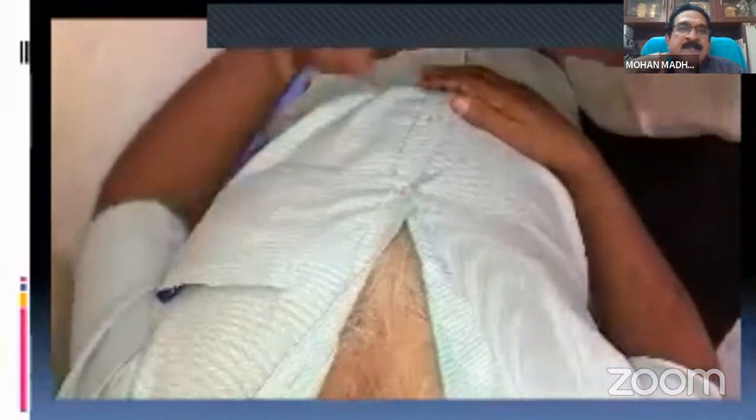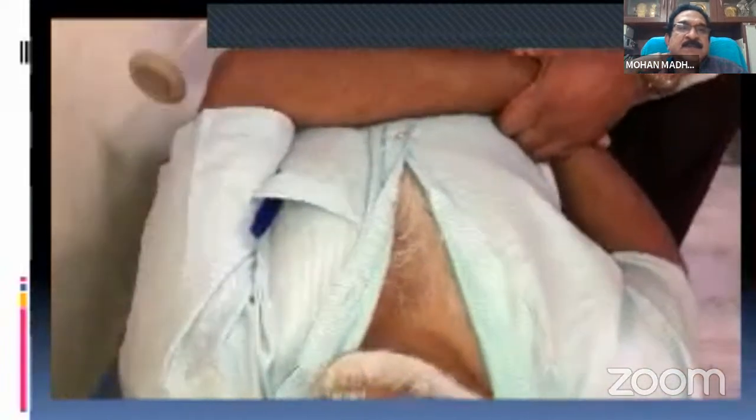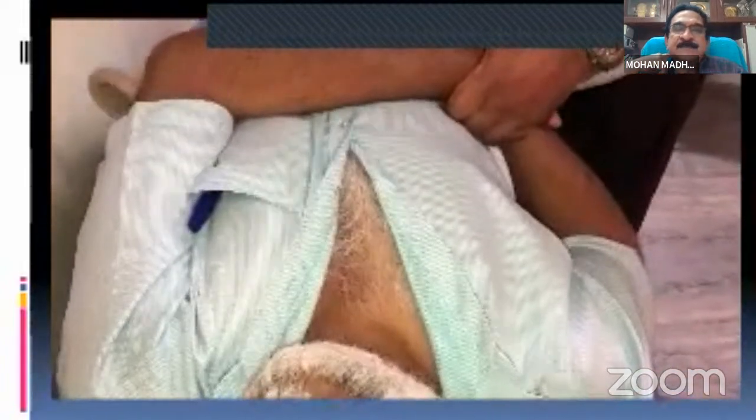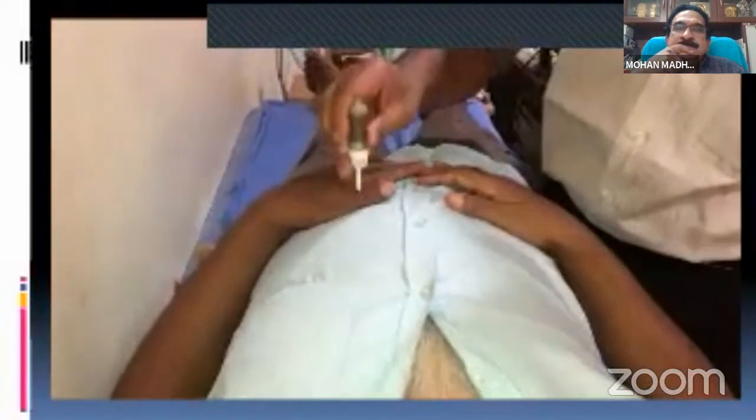Biceps and supinator normal on the right, sluggish on the left side. Even the triceps was normal, though slightly less on the left; the right side was elicited as well. The ring finger and little finger sensation was less.